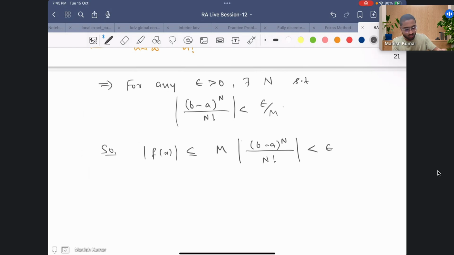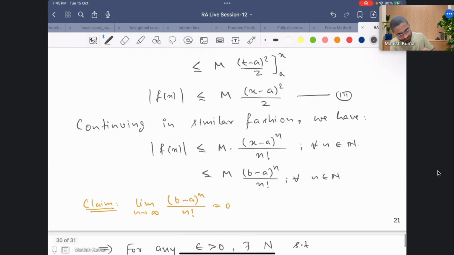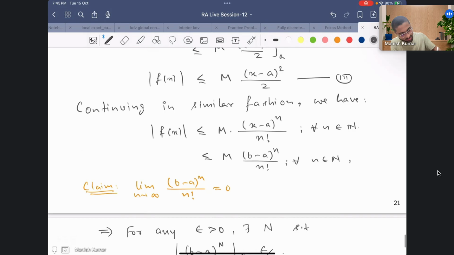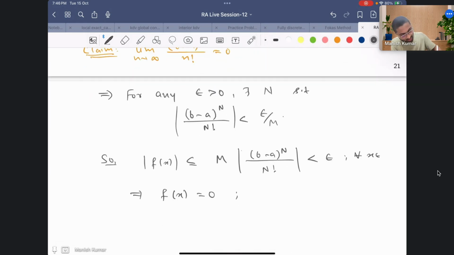This tells you that f(x) is equal to 0. This is true for all x in [a, b], since epsilon greater than 0 is arbitrary.